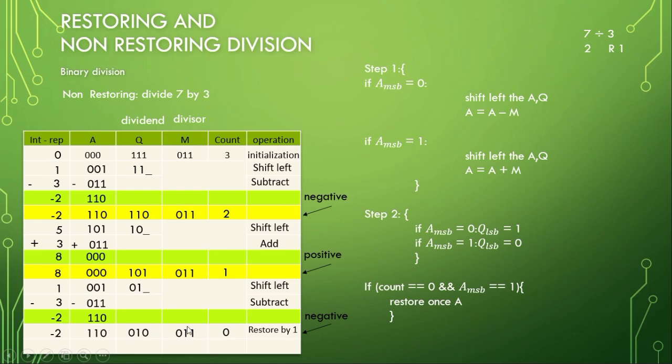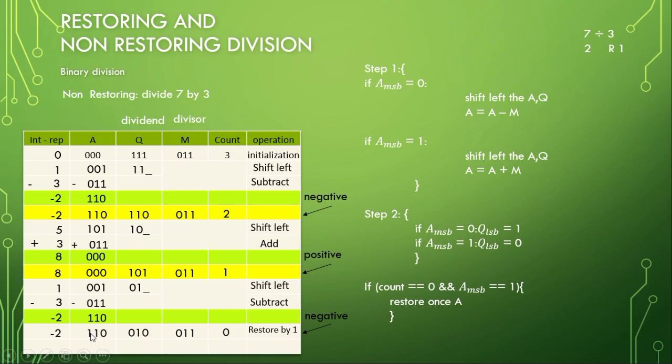Okay, so now we have this scenario here, like so, right? We have our value 0, 1, 0, that's 2, and we've gotten our answer, right? But then our value in the accumulator is negative 2, which is not right.